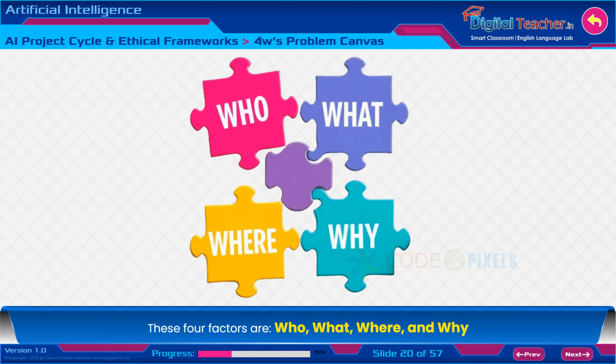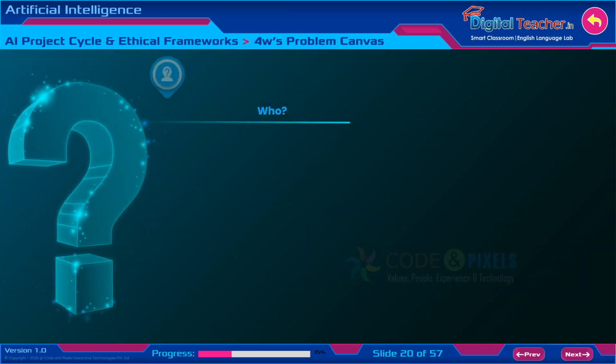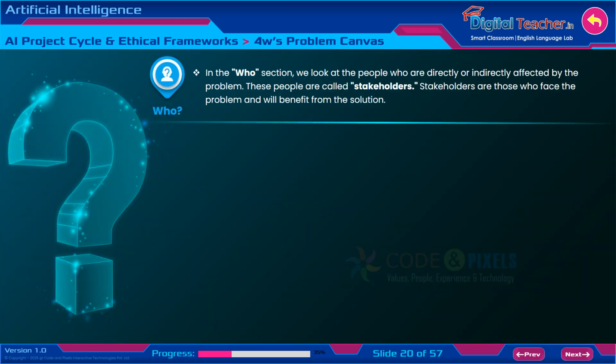These 4 factors are who, what, where, and why. Who? In the Who section, we look at the people who are directly or indirectly affected by the problem. These people are called stakeholders. Stakeholders are those who face the problem and will benefit from the solution.